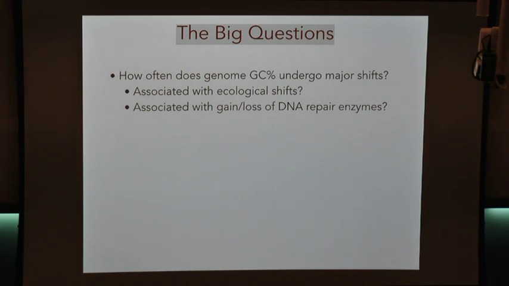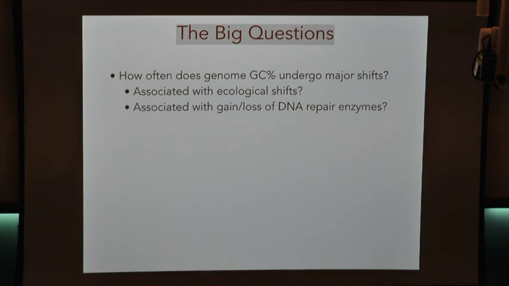The other question we're asking is, are these sorts of shifts associated with major gains or losses in DNA repair enzymes? Because these may be causing major shifts in the mutation spectrum. People who've worked with bacteria for decades have shown that if you knock out some of these basic repair enzymes, you can change the spectrum to be GC to AT biased, flip it, or cause a bias where none existed.